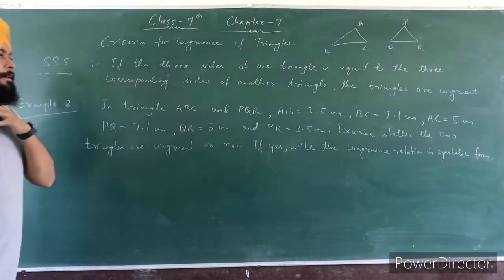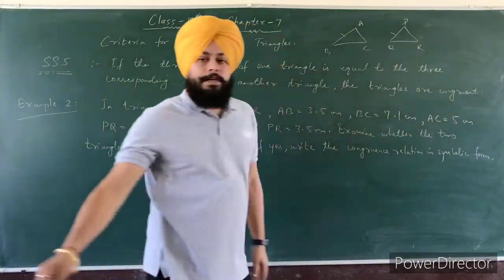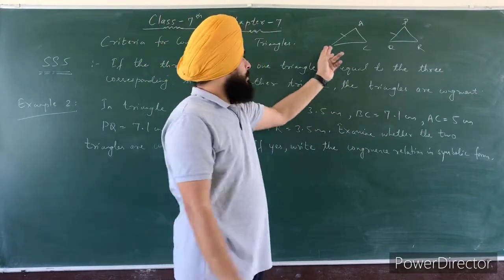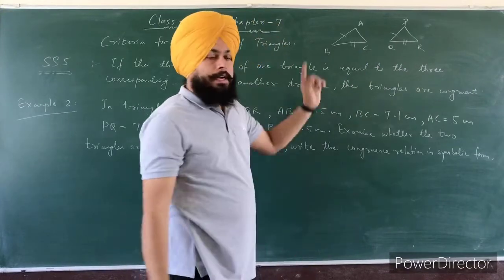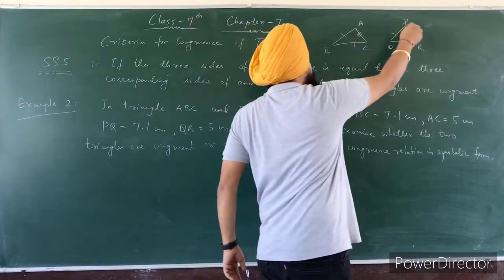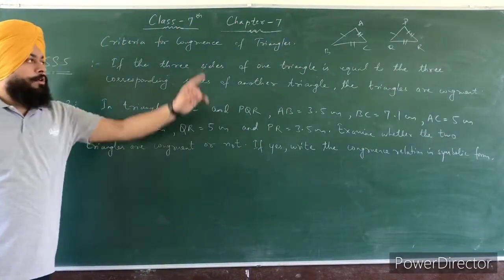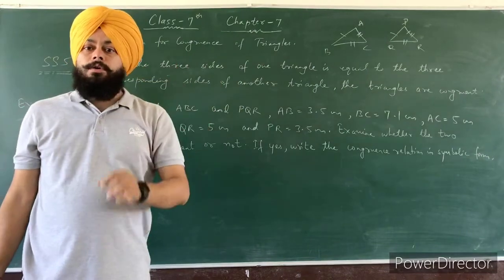Suppose that the length of side AB is equal to the length of side PQ. Second, side BC is equal to side QR. Side CA is equal to side RP. Then both of these two triangles ABC and PQR are congruent.